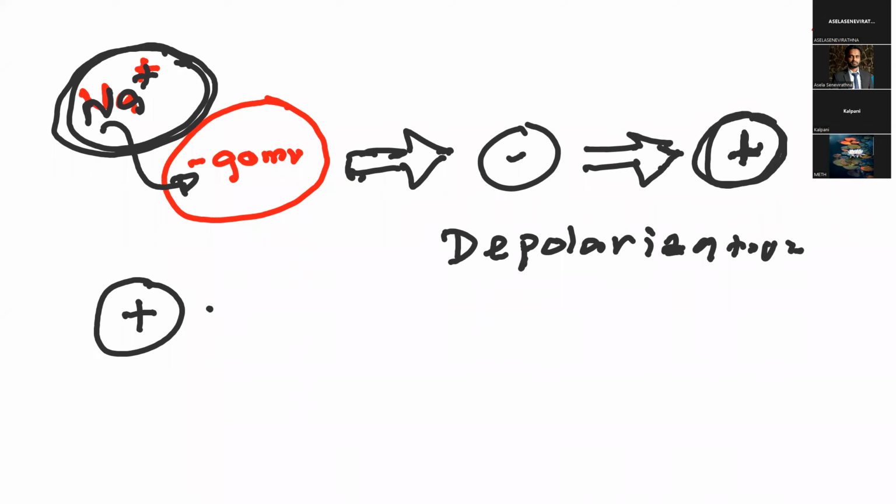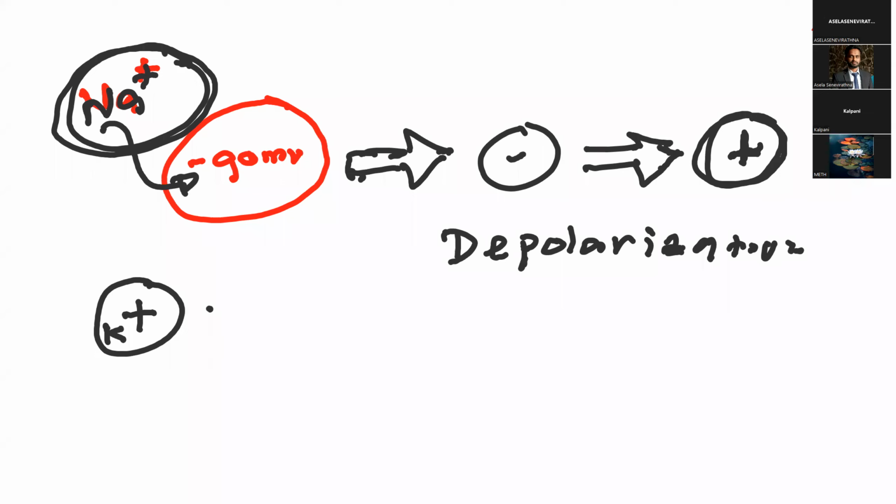The extracellular main cation is sodium. Then the intracellular main cation is potassium.